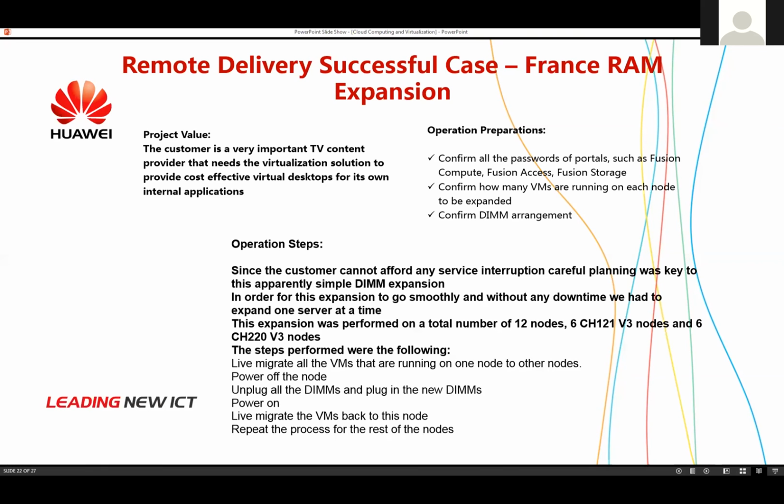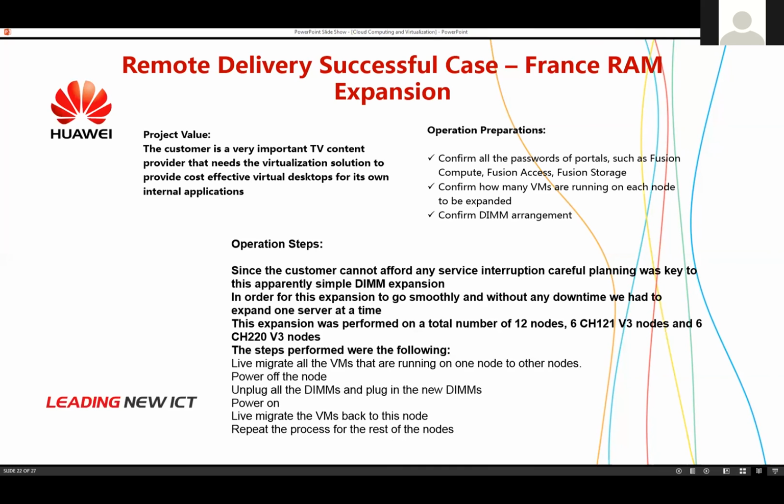It's not a very difficult operation, but it requires careful planning and it's time consuming. And since there is a very tight schedule, we can't waste time on, I don't know, misclicking or doing other stuff that is not related to this operation. So although it's not difficult, it requires careful planning, and it also requires VM live migration.